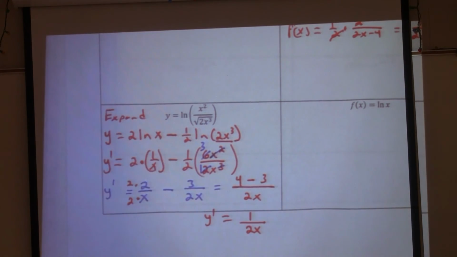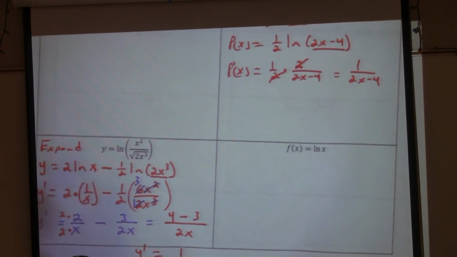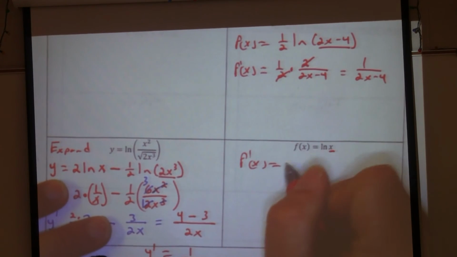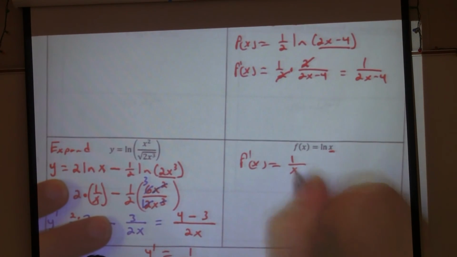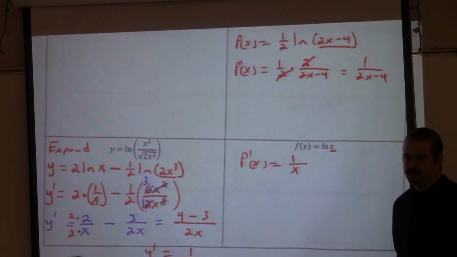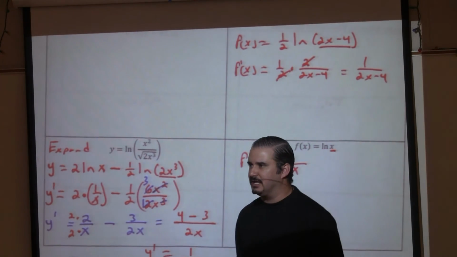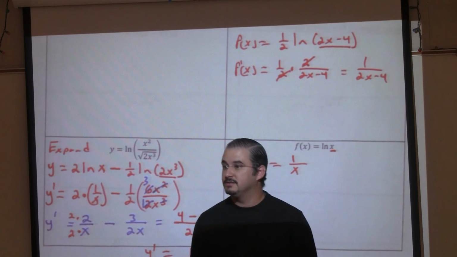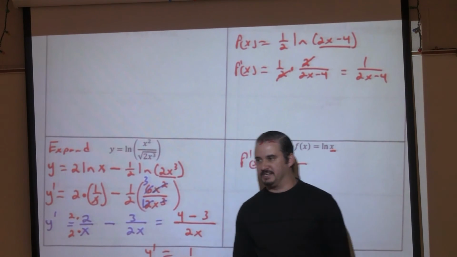The last one. What's the derivative of ln of x? Derivative of x, 1 over itself. Make sure that you know. If you don't know, you know how to find it, okay? Derivative of the natural log is derivative of the stuff over the stuff, right?